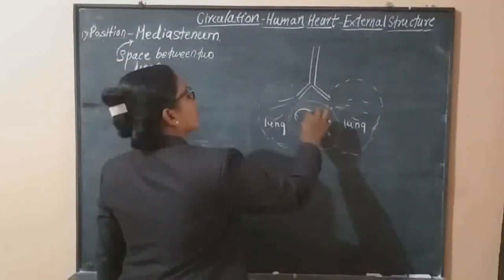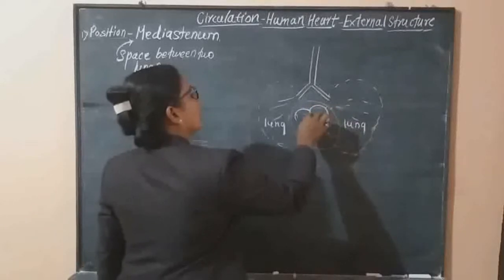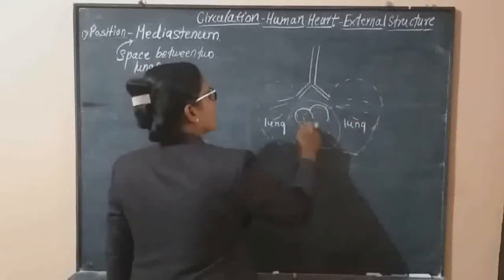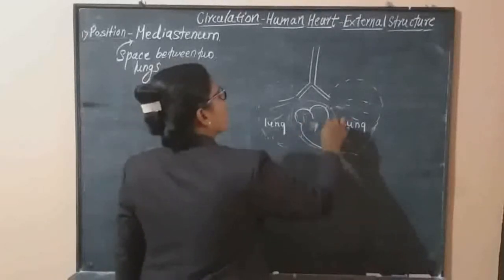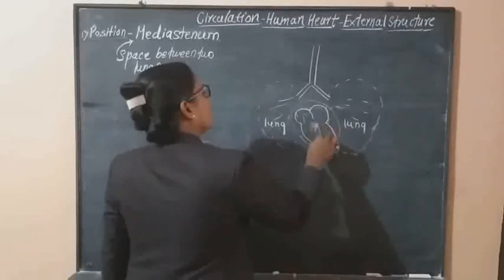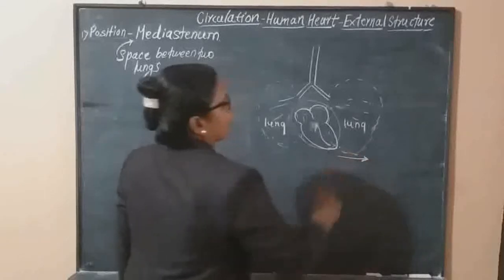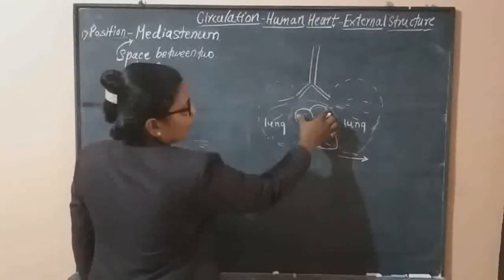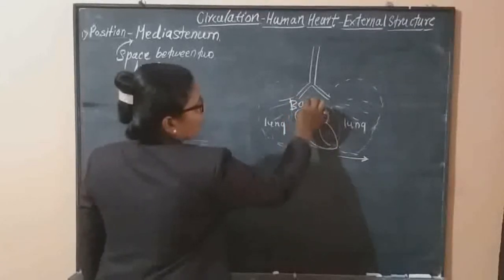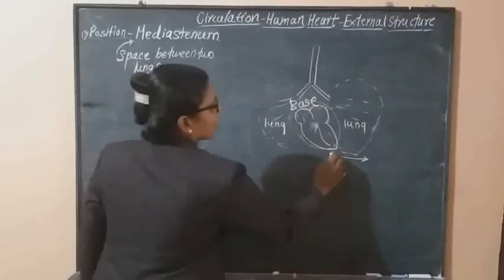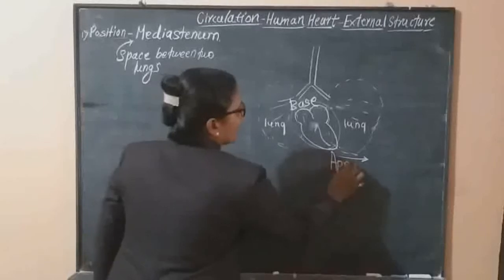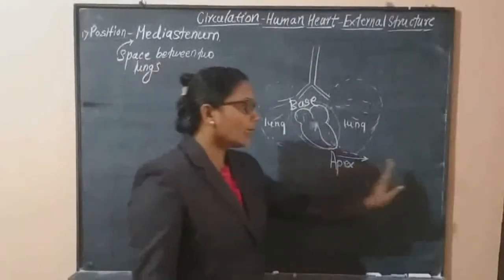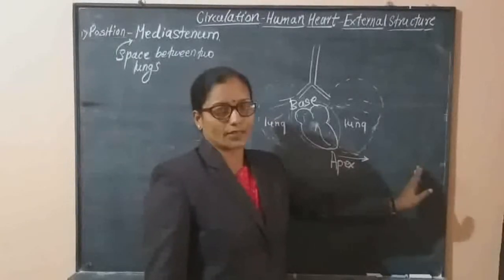Now the location of the human heart is not exactly straight, it is somewhat tilted towards the left side. This upper part is called the base of the heart, and this lower part is called the apex.